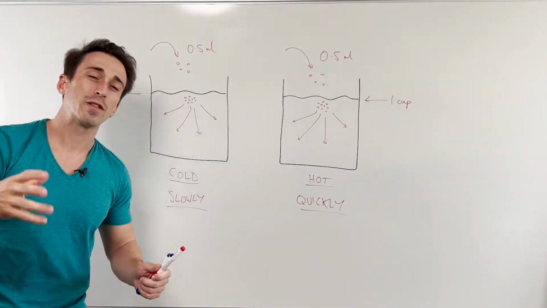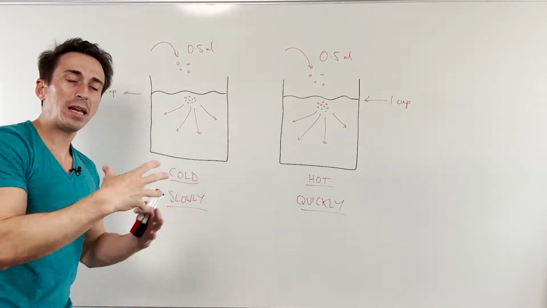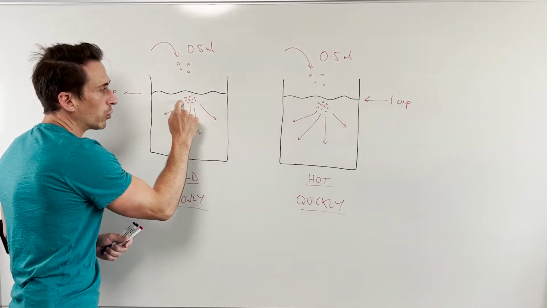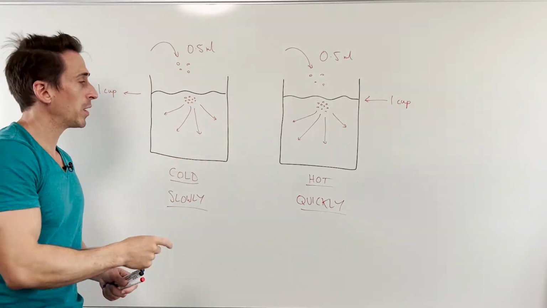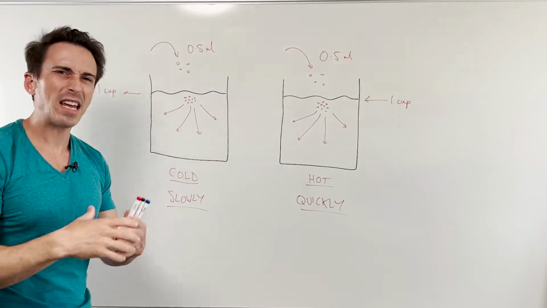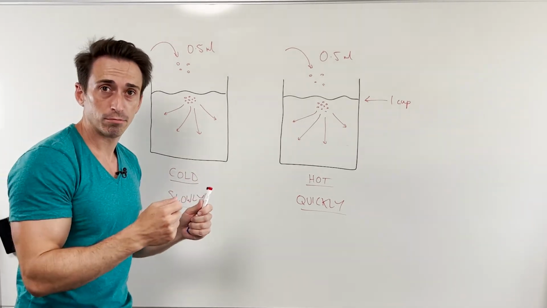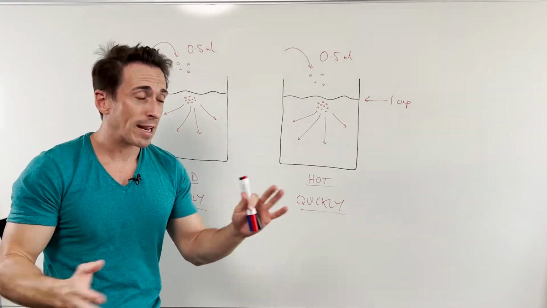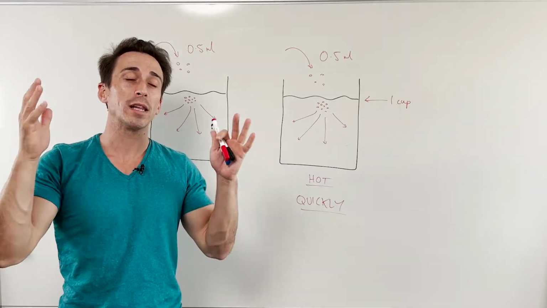Well, it all has to do with factors that affect diffusion. When water is cold, the medium, the solution of water, so you've got the solute, which is the red dye, and the solvent, which is the water. When water's cold, or any particle's cold, it's moving very slowly. When you add temperature to a particle, it starts to move super quick, bouncing off the walls, moving really, really quickly.